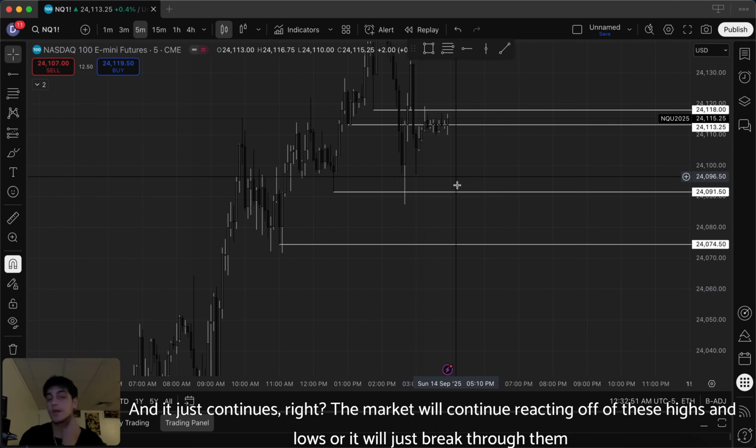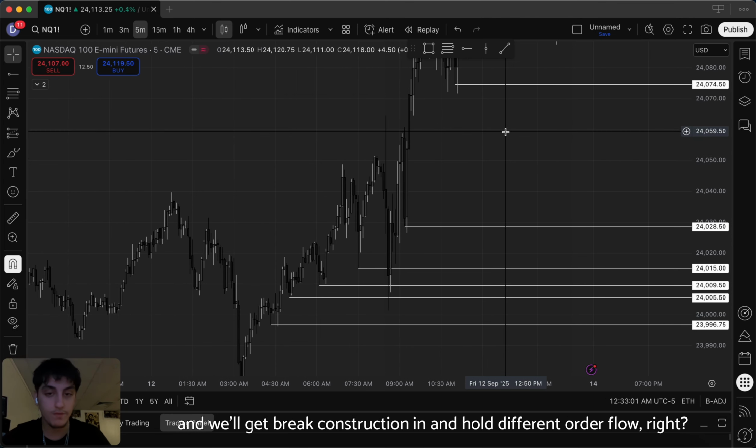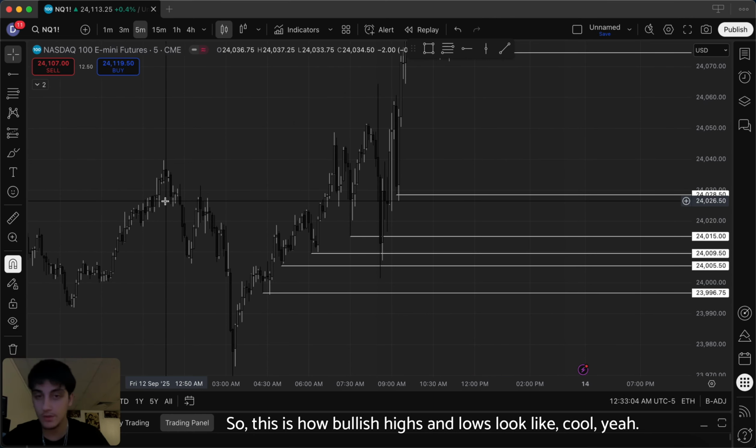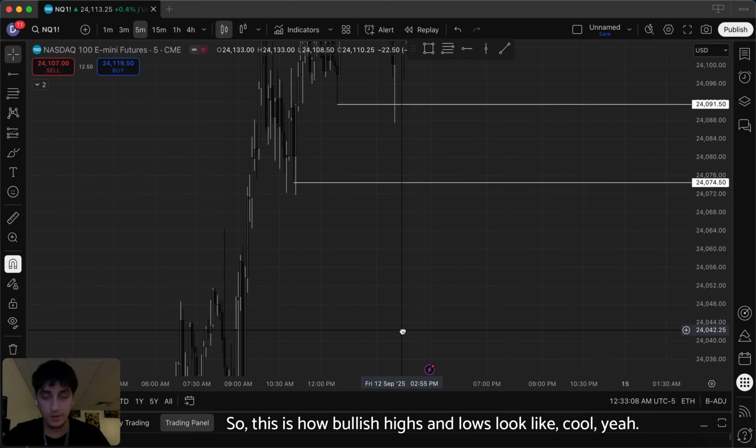The market will continue reacting off of these highs or lows, or it will just break through them, and we'll get a break in structure and a whole different order flow. So this is how bullish highs and lows look.